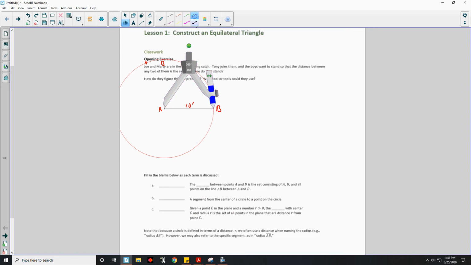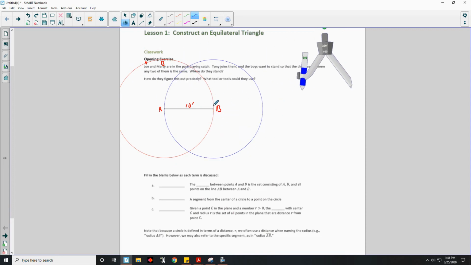Okay, so now I'm going to do the same thing, except I'm going to flip this around. I'm going to put the point on B now, so that I'm drawing another circle around here on A. So I've drawn 2 circles, and the radius of circle B is also 10.